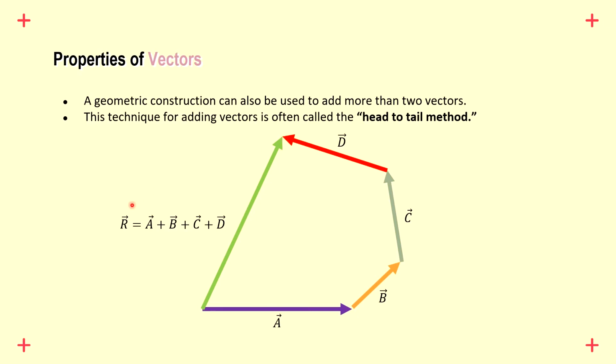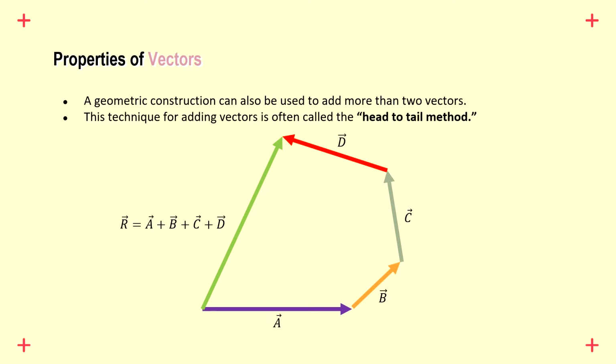R is equal to A plus B plus C plus D. Please take note that even though the notation for adding vectors is like this, it doesn't mean that we add the vectors algebraically. Vectors don't work the same way as scalars, which can be added using the rules of arithmetic. We are going to discuss that later on.